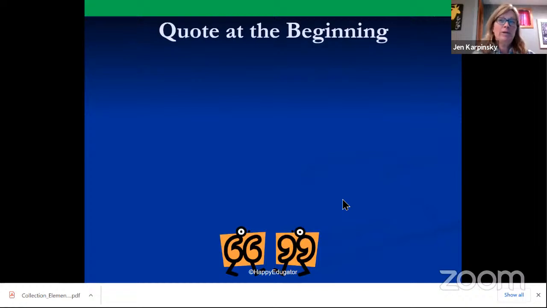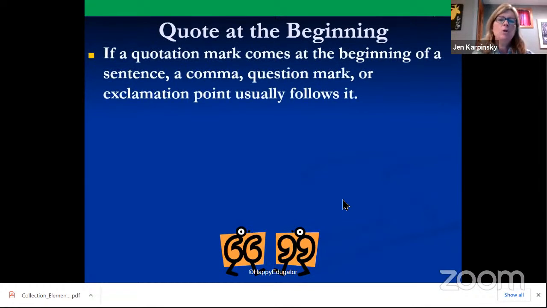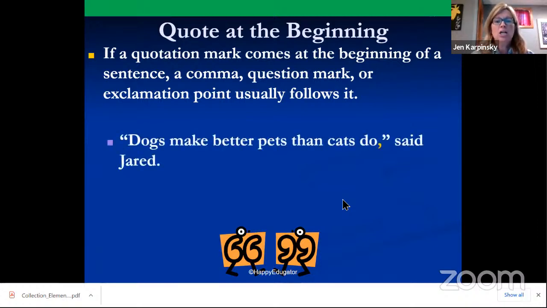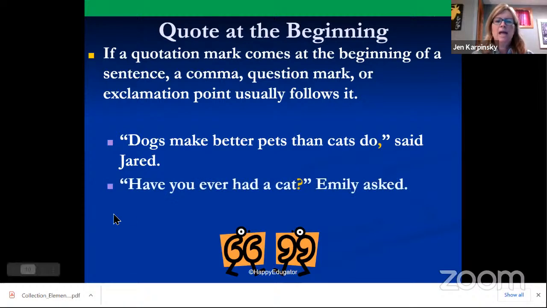What happens if you have a quote at the beginning? If a quotation comes at the beginning of a sentence, a comma, question mark, or exclamation point usually follows it. All right, let's check it out. "Dogs make better pets than cats do," said Jared. "Dogs make better pets than cats do." You have a comma, and the comma is inside the quotation marks. "Have you ever had a cat?"